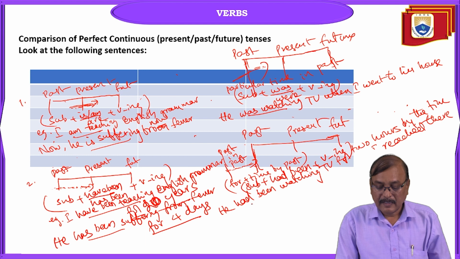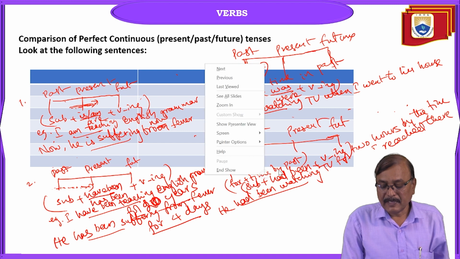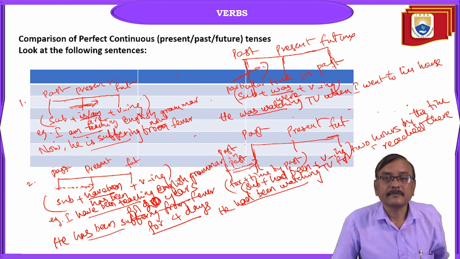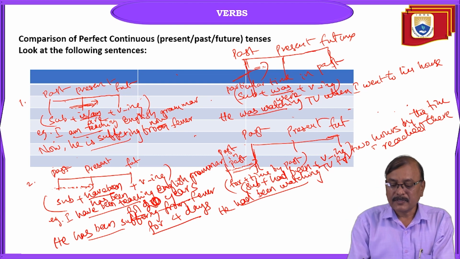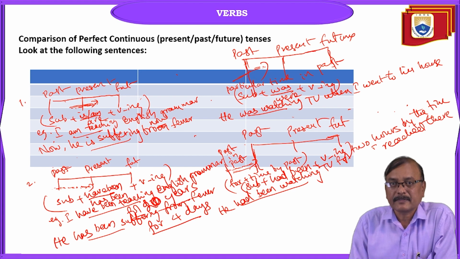So here, he had been watching TV for 2 hours. This is for plus time. For 2 hours by the time I reached there. That is the difference. So like this, you should know the difference between past continuous and past perfect continuous.